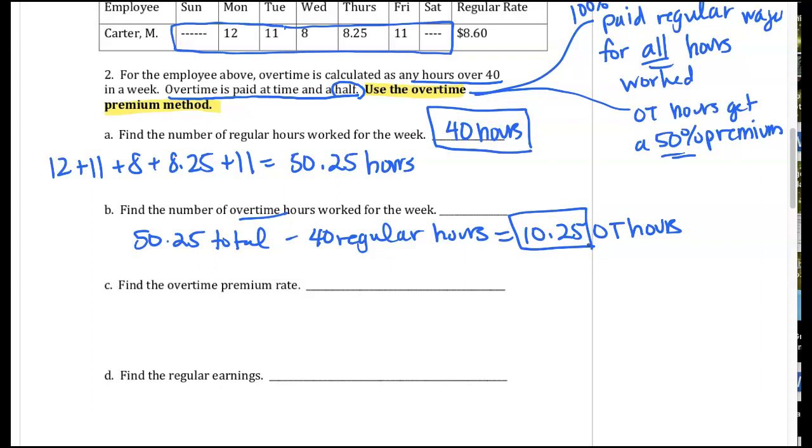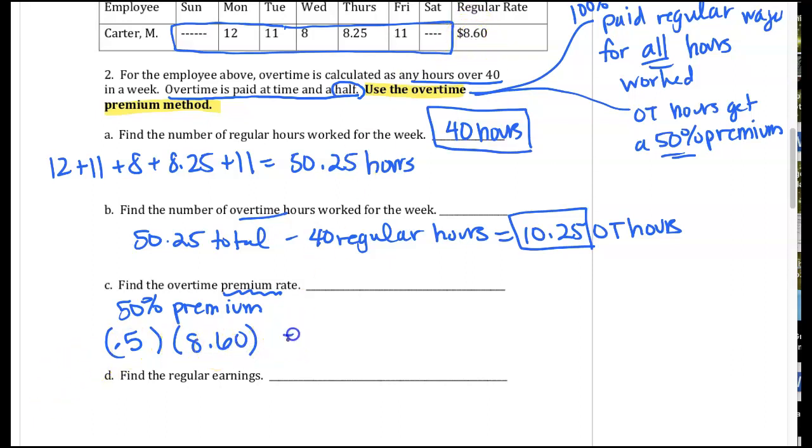To find the overtime premium, premium just means above and beyond your regular rate of pay. So the overtime premium is that 50% premium, the extra half. The 50% premium is 0.5 for half, or 0.5 for 50%, and that is 50% of your regular rate of pay, $8.60 in this question.